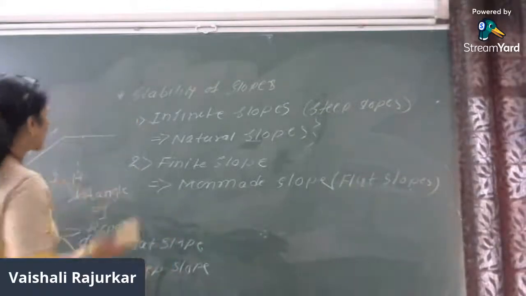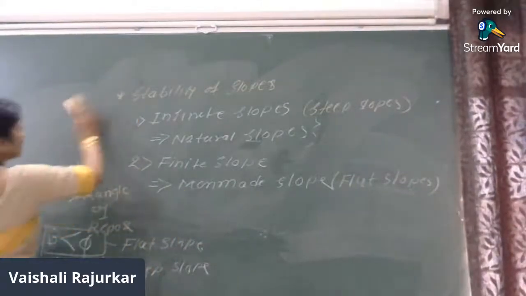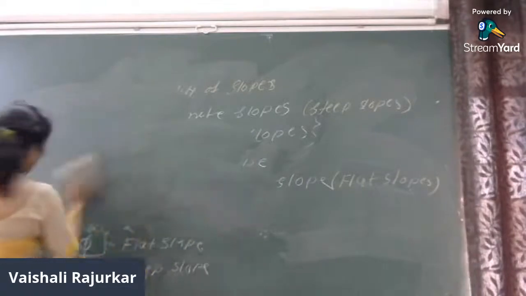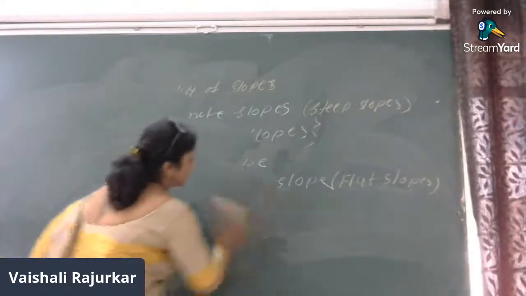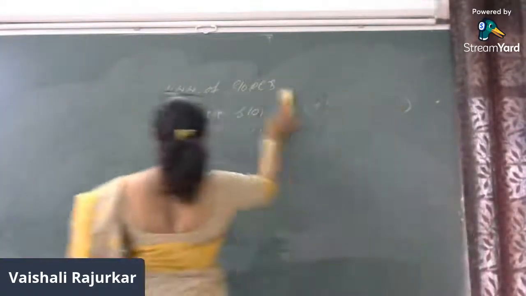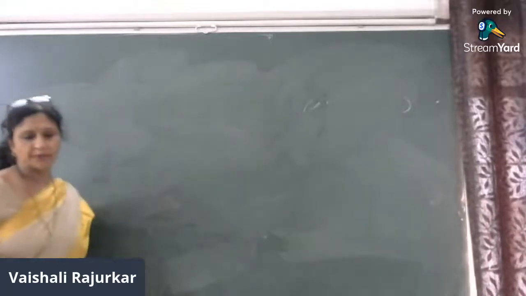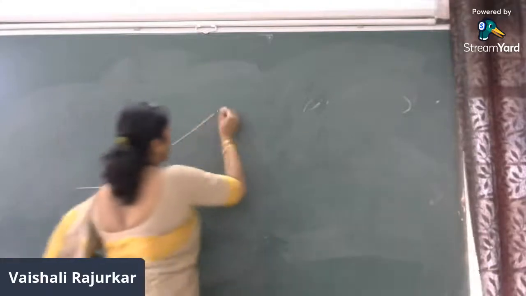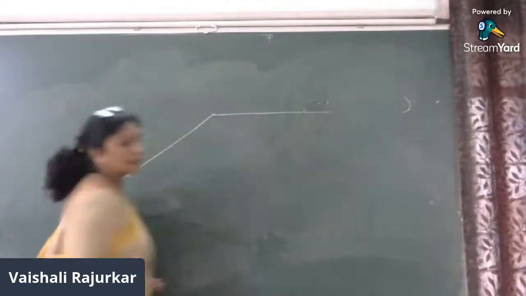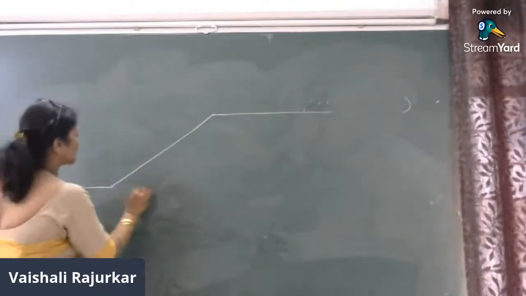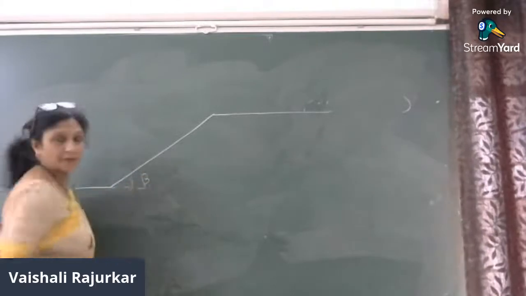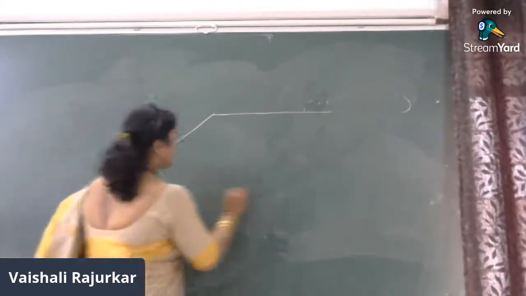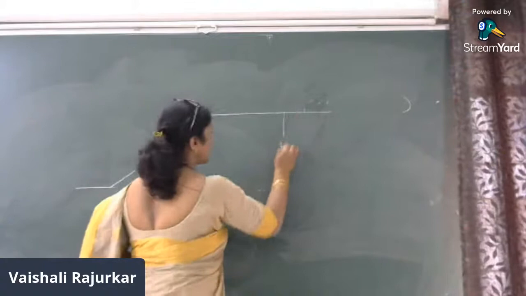So here we will consider the infinite slope, which we also discussed in the previous lecture. I will just give you a brief about it. Here I will consider a slope. This slope has an angle beta. This is the height of the slope, h.